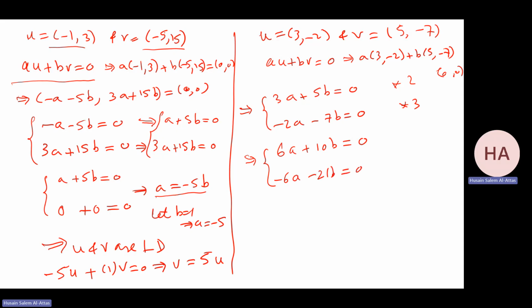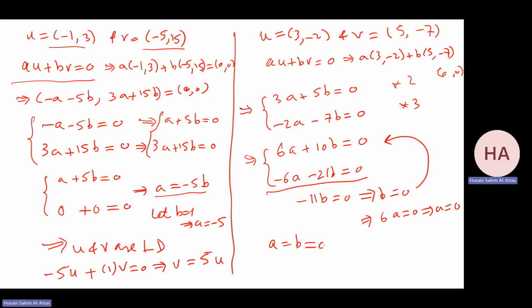If I add these two equations, I'm getting minus 11B equal to 0. That means B equals 0. Plug it there, that means 6A is equal to 0. So A is equal to 0.